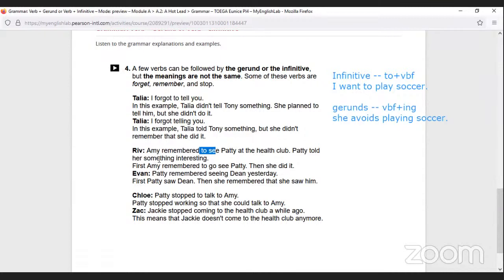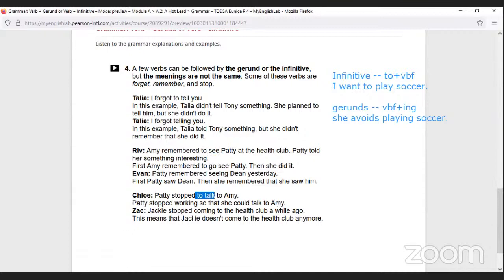But if I use with gerund, first Patty saw him and then remember that she saw him. Okay, so first the action happened and after she saw him.